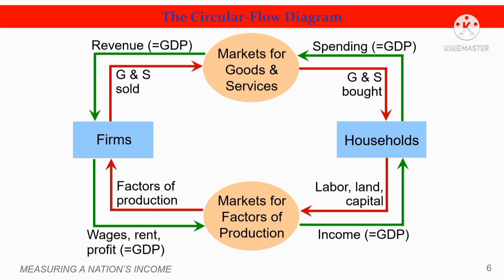But in the markets for the factors of production, households are the sellers of the inputs, sellers of land, labor, capital, while firms are the buyers of those inputs.